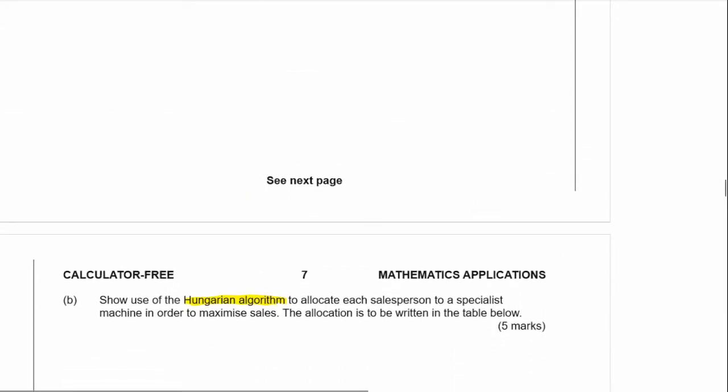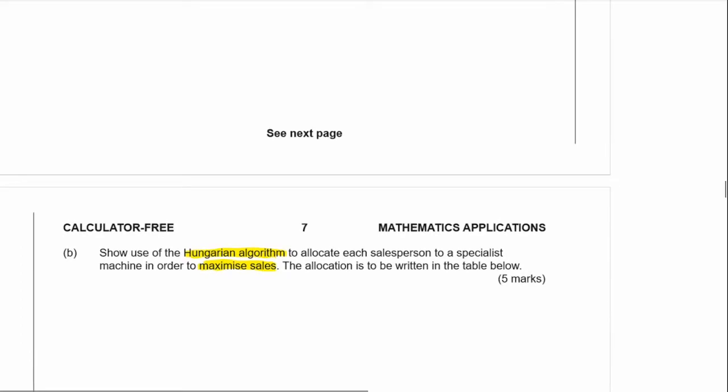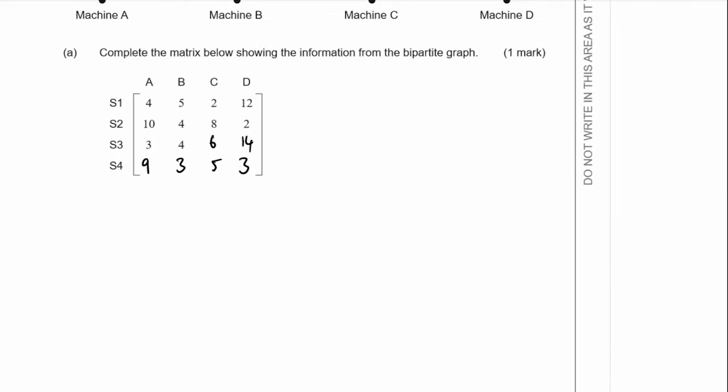All right, show the use of the Hungarian algorithm now. So now we have to use the Hungarian algorithm, and we want to maximize the sales, obviously. So when we're doing a maximum Hungarian algorithm, we need to turn all of the large numbers into small numbers and all the small numbers into large numbers. The way we do that is we pick the largest number in the matrix. So in this case, we're going to pick 14. That is the largest number in the matrix.